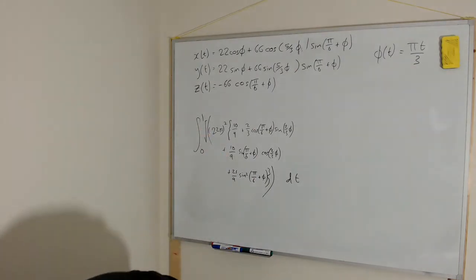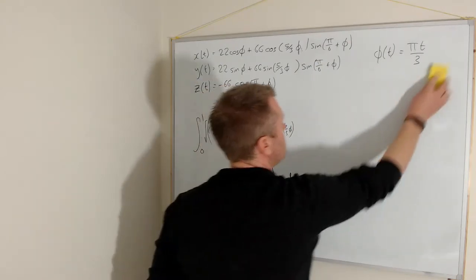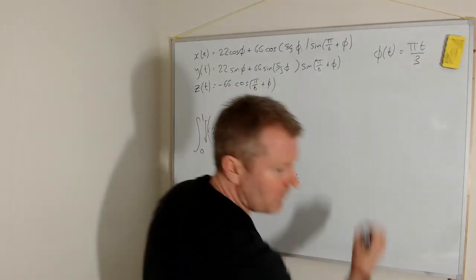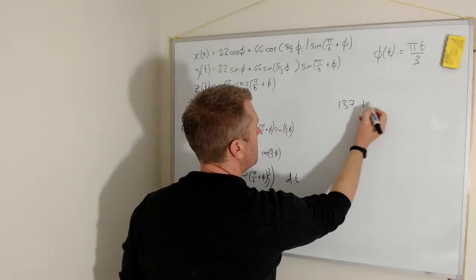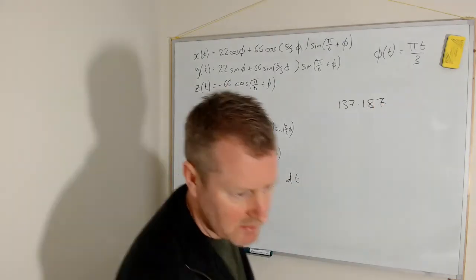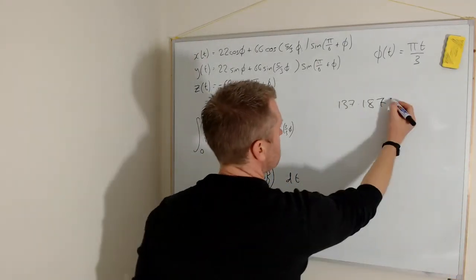We came up with an answer: with 10 trapezia, you get 137.187.